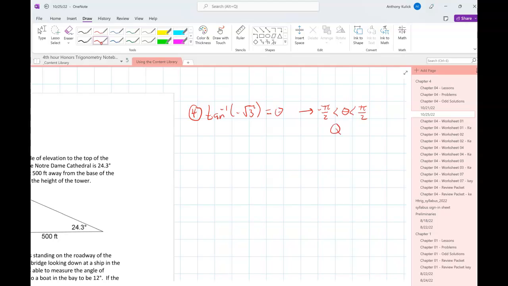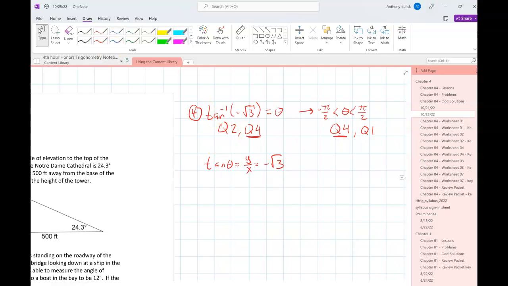So this is quadrants 4 and 1. Tangent is negative in quadrant 2 and quadrant 4. So we're looking in quadrant 4. So the theta that I'm looking for should have a y over x, because that's tangent, equal to negative root 3.